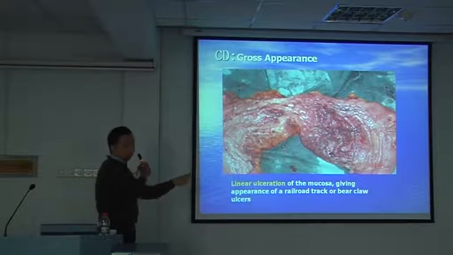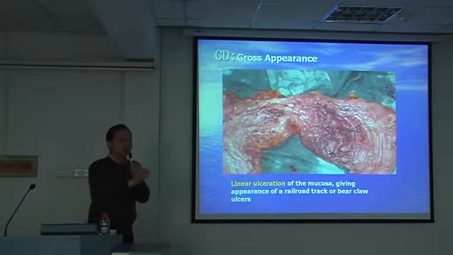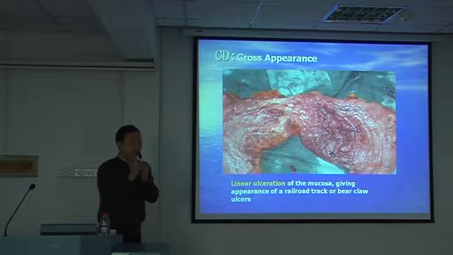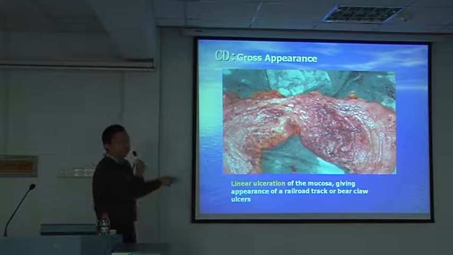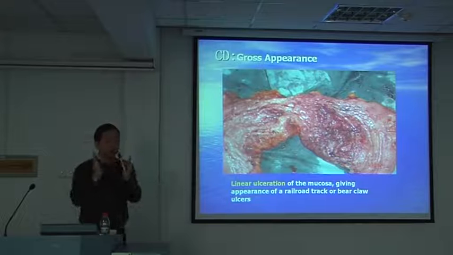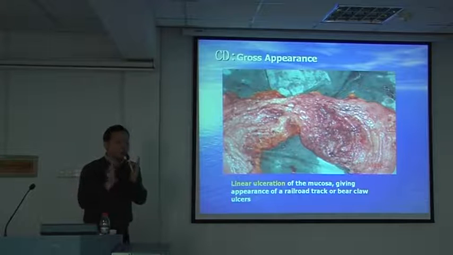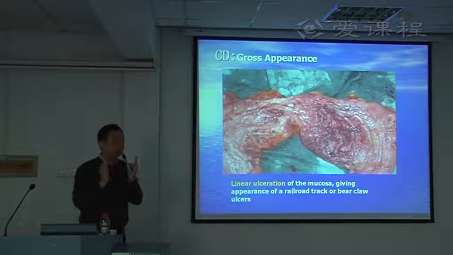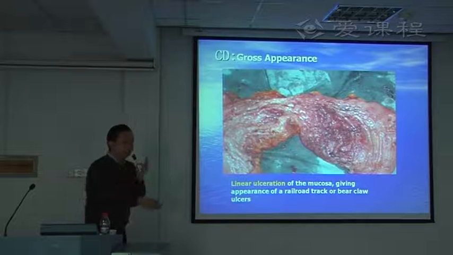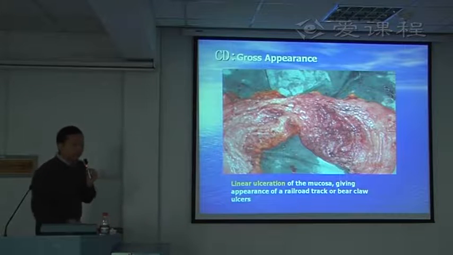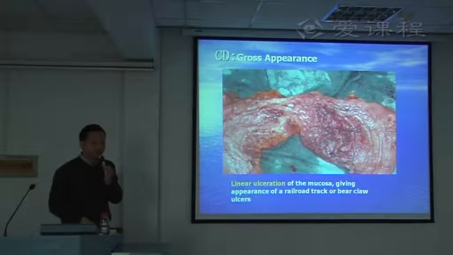This part is the constriction and causes bowel obstruction. So the patient receives an operation, cutting just the involved lesion, which is called segmental resection. We rarely do this type of operation for CD.